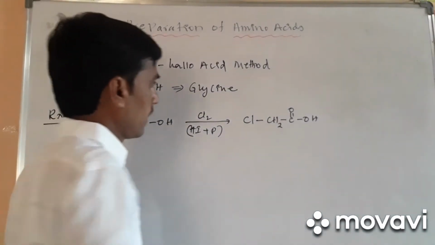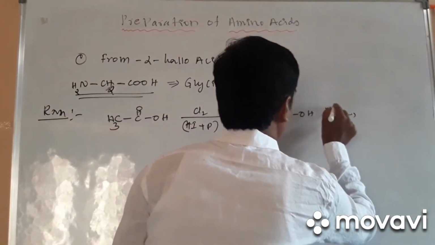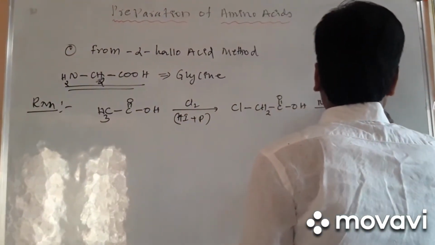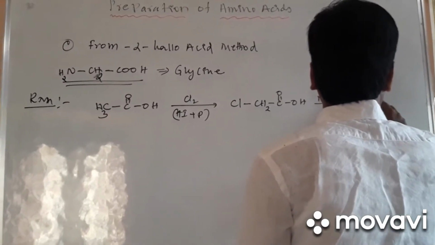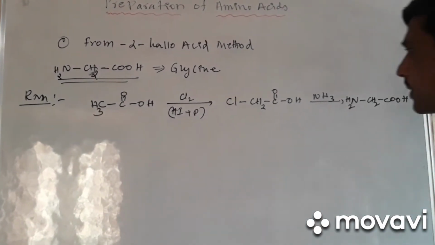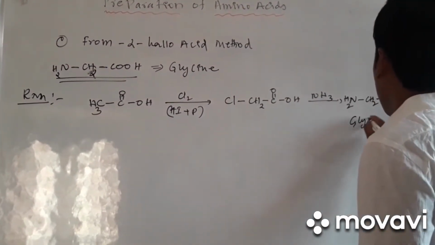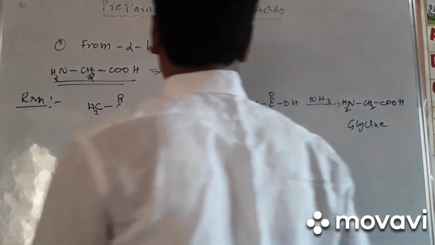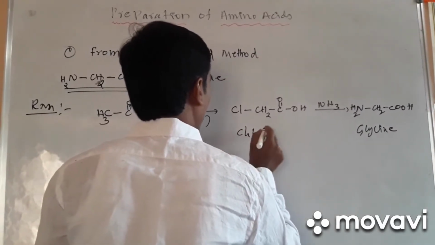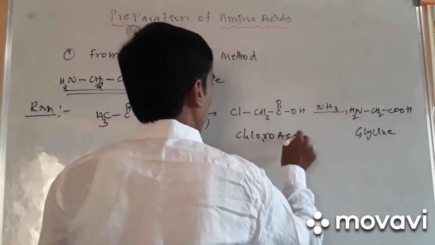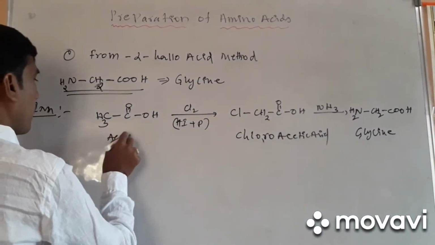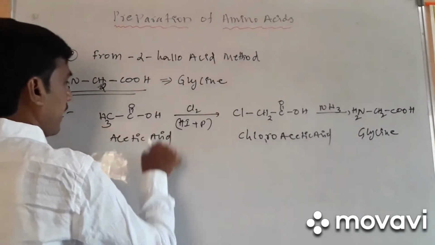This chloroacetic acid reacts with ammonia to produce glycine, NH2CH2COOH. This is glycine, this is chloroacetic acid, and this is acetic acid.